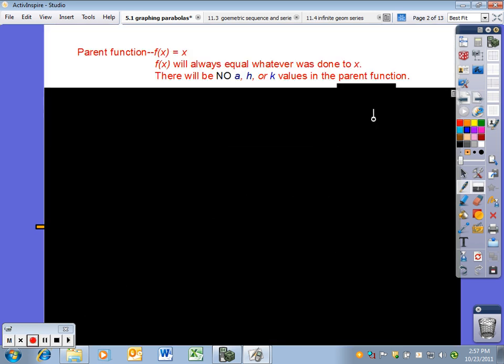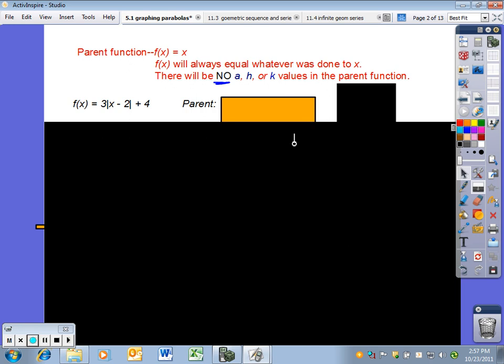When you have a parent function, it is the function equals x and whatever was done to the x value. There will never be an a, h, or k in the parent function. We'll just simply look at what operation mathematically was done to x. So let's take a look here.